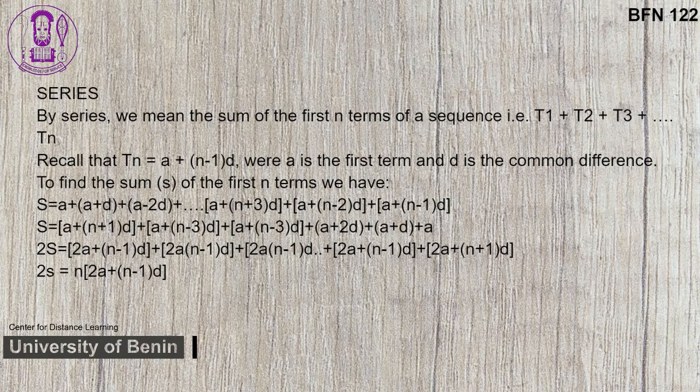Recall that Tn equals A plus (n - 1)D, whereas the first term is A and D is the common difference.